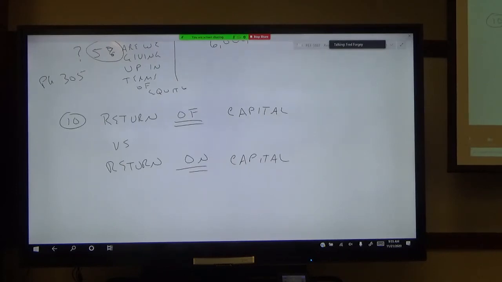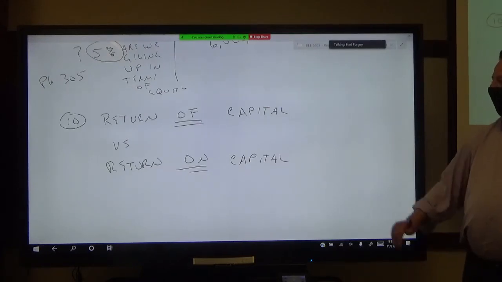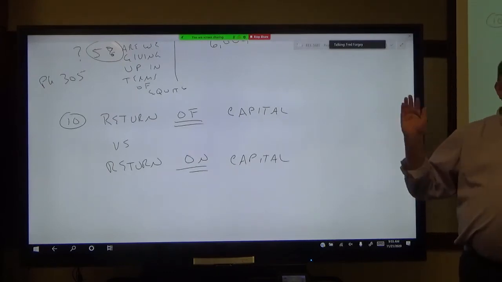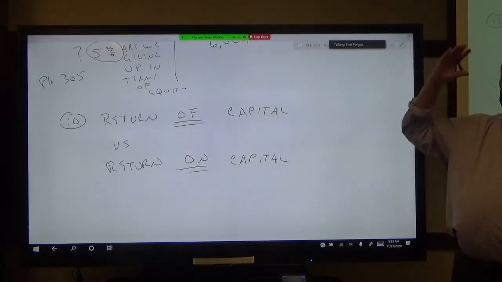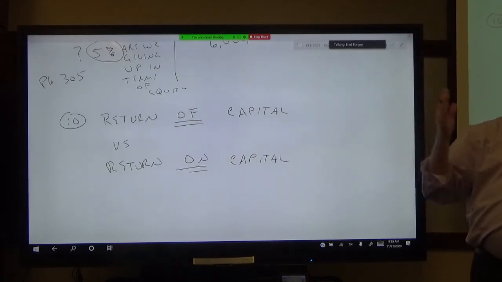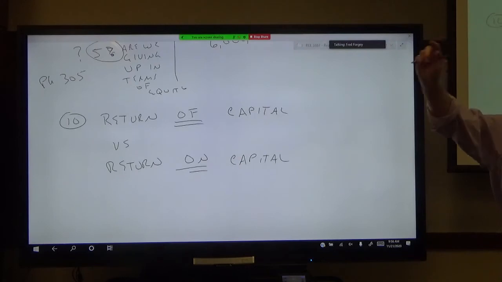But if you invested $100,000 and you are generating $10,000 a year of income, you could say, I'm getting $10,000 a year as a sort of return of my capital each and every year. It's going to take me 10 years to get my money back, if we want to simplify it.